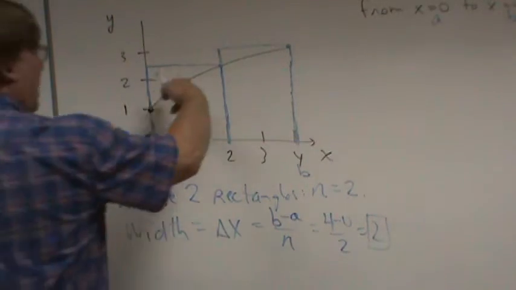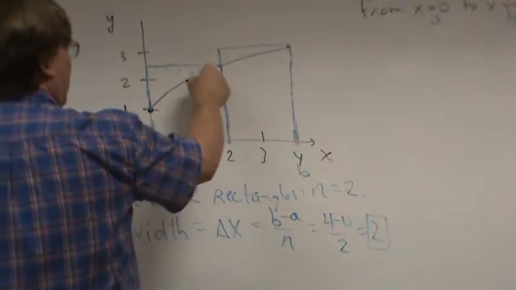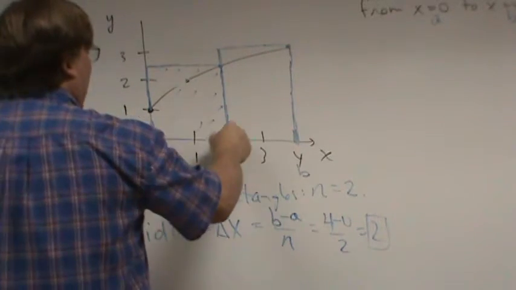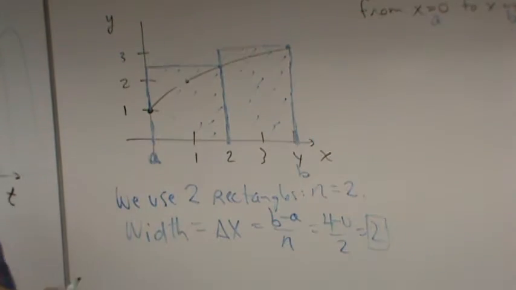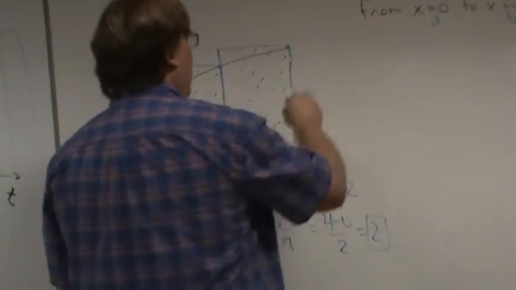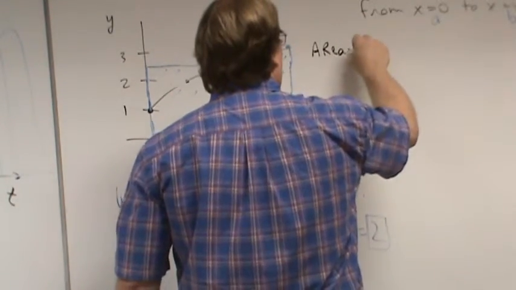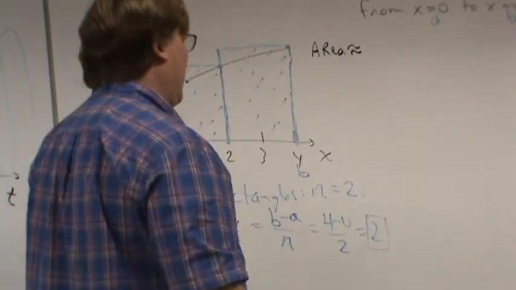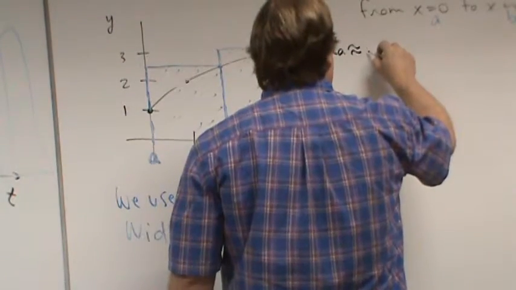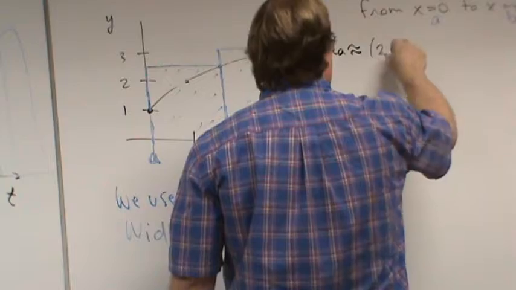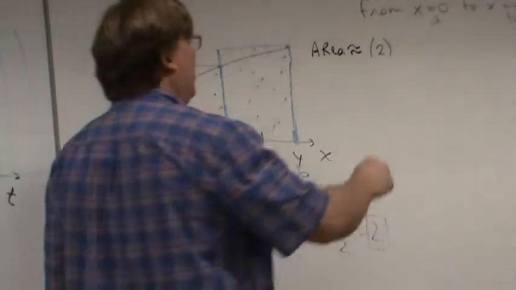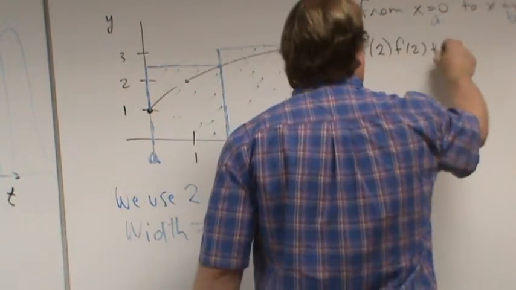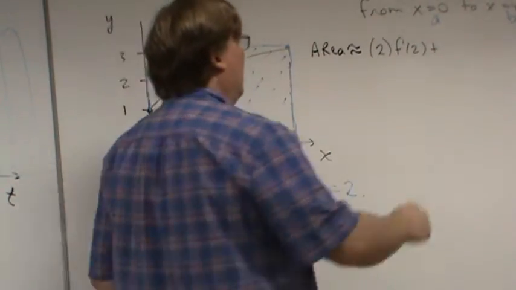So I'm going to approximate the area under this black curve by adding up the area of this rectangle to the area of that rectangle. I'm going to say the area is approximately equal to the width, 2, times the height, which is going to be f of 2, plus the width 2.